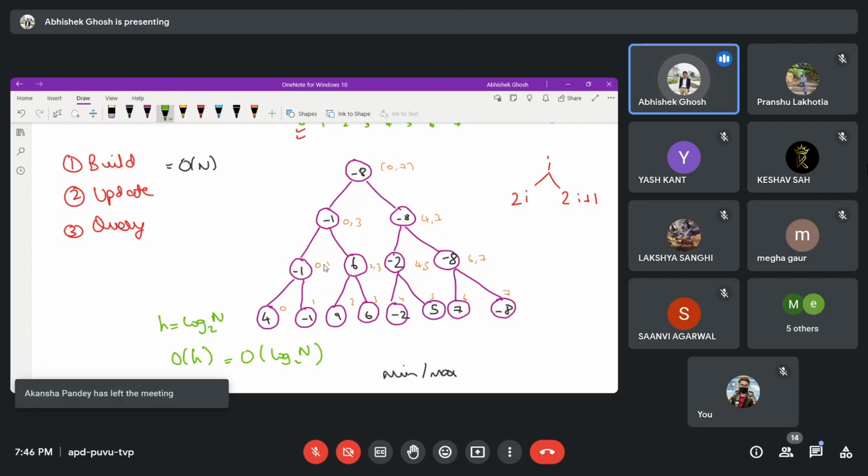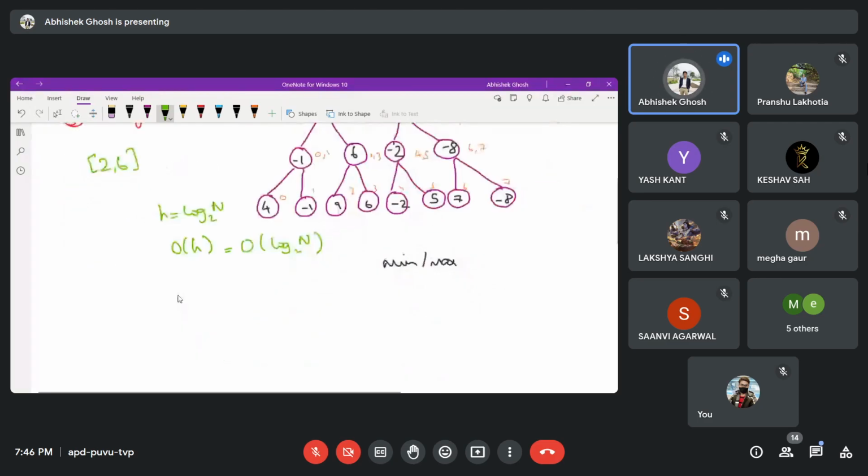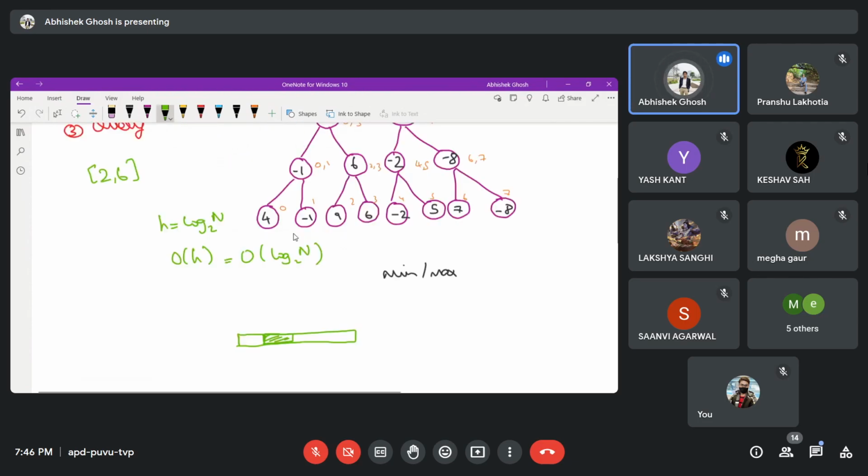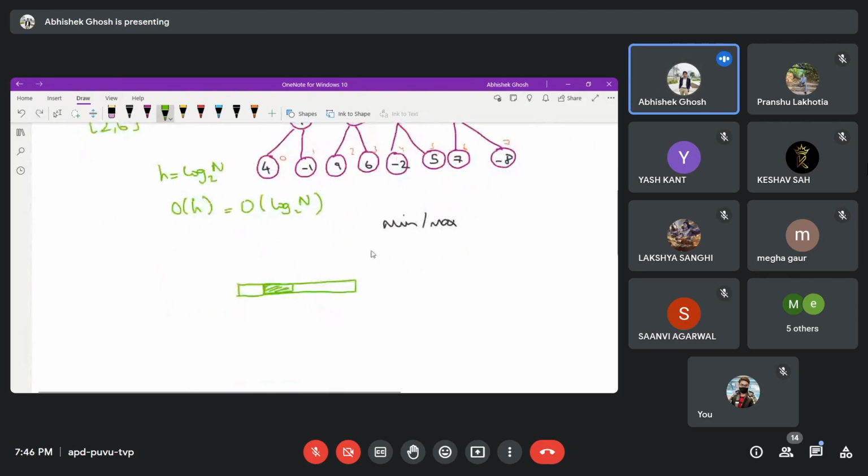Now query. Let's say I want the answer for 2 to 6. While querying, there are actually three cases. Let's say the current index I'm on is storing the answer for this part of the array, 2 to 3, and the range I want the answer for is 3 to 5.